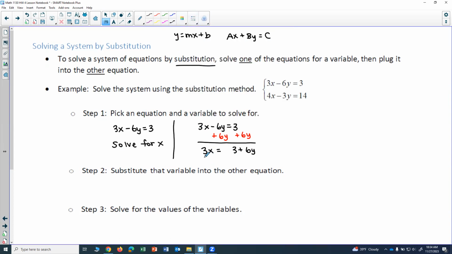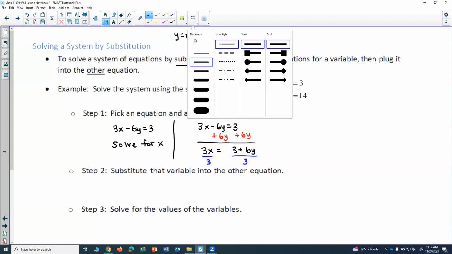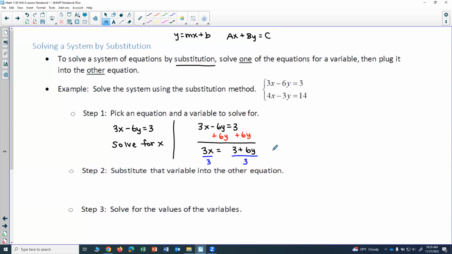I don't want that 3 attached to it, so I'm going to divide both sides by 3. So I divide by 3 over here, and I divide by 3 on the right-hand side. And so what happens is now the x is by itself with no coefficient written in front. And I have x equals 3 over 3 plus 6y over 3. And I can go ahead and simplify that. So I get x equals 1 plus 2y.